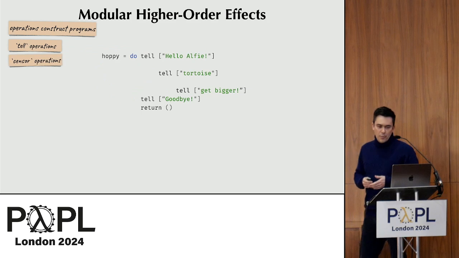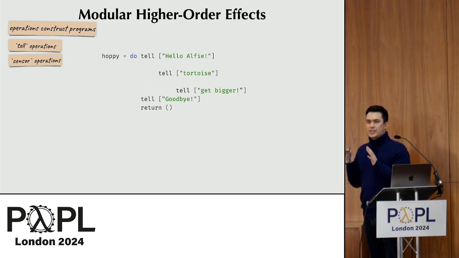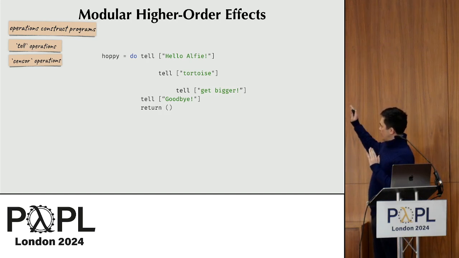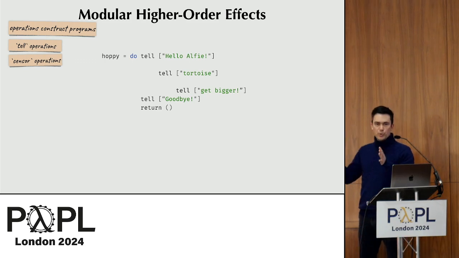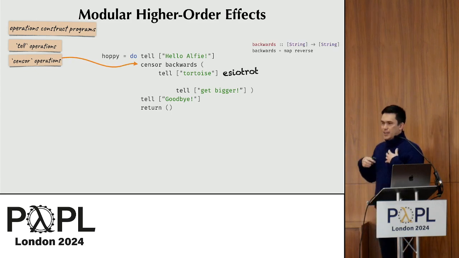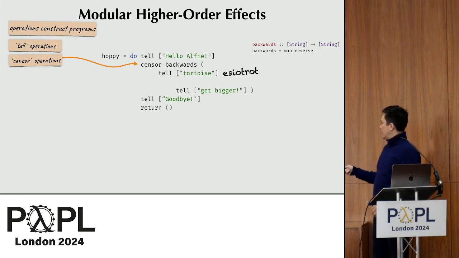And then what we want as well is a way of indicating which parts of this conversation we want to have backwards and in capitals. So a priori, we'll make sure that hello Alfie and goodbye are just normal, and it's the stuff in the middle that will be backwards and in capitals. So to do that, we're going to have this censoring, and we're going to censor backwards the text inside these brackets.